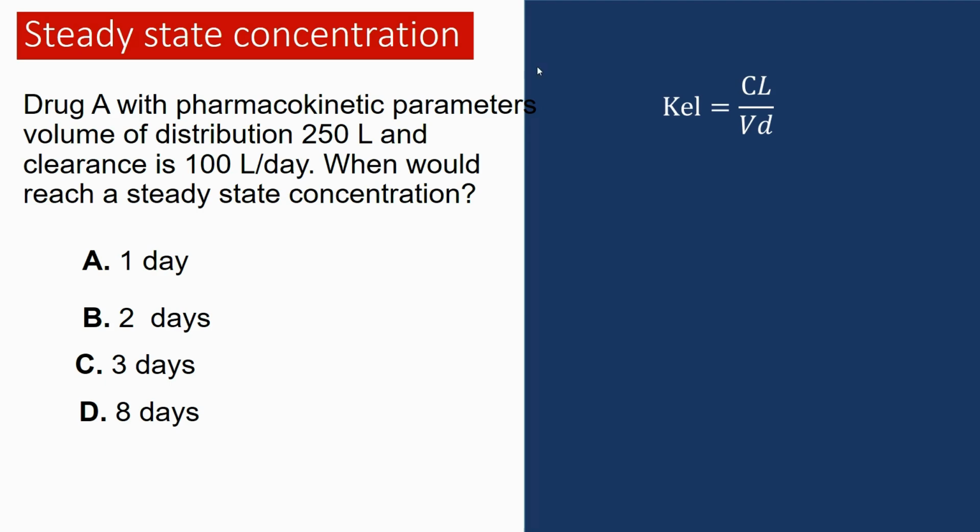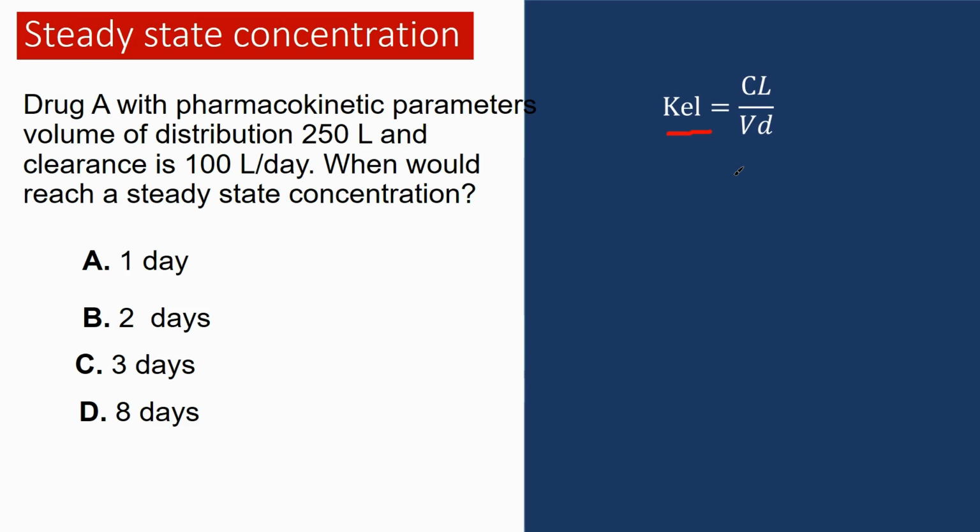Well, now here I'm giving you this formula. And guess what would be your answer? I know this formula only gives you the elimination rate constant. So it will not give you how many days it takes. However, the big thing you should know here is that by using this elimination rate constant, you can also calculate half-life.